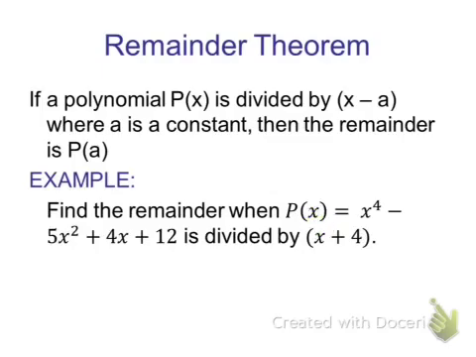So I'm going to take this polynomial, and I'm actually going to calculate p of negative 4. Okay, so when I do that, that's going to read like this. Negative 4 to the fourth plus 5 times negative 4 squared plus 4 times negative 4 plus 12.